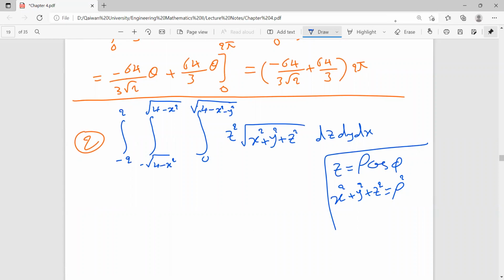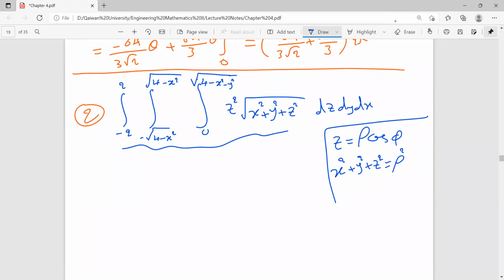First, let us draw the graph of this region, the solid. Here z is from 0 to the square root of 4 minus x squared minus y squared. You say z equals square root of 4 minus x squared minus y squared.